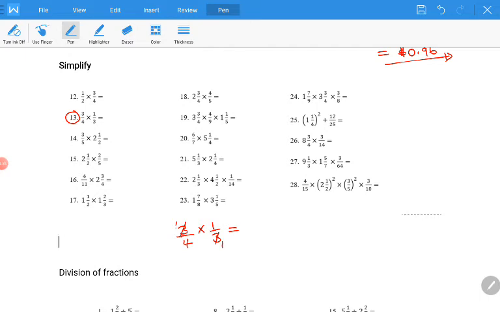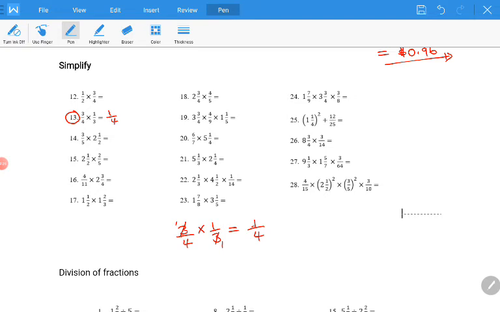So this will simplify to 1 times 1, which is 1 over 4 times 1, which is equals to 4. So the answer here is 1/4.